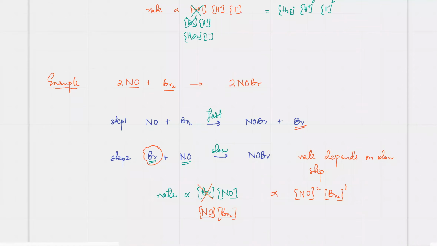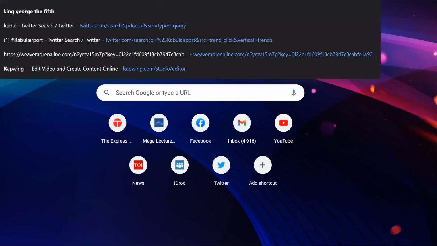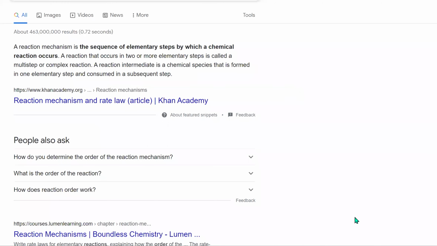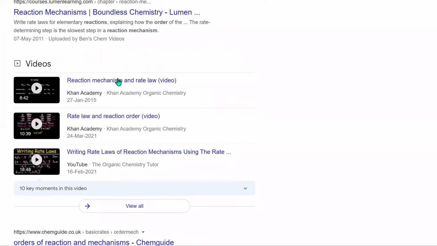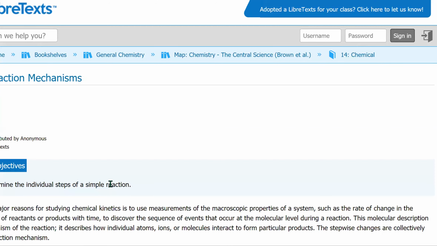I'll just find some random mechanisms, and I'm going to do a few more questions. Order and mechanism of reaction. Let's see if we can find some mechanisms and try and practice this a bit more.